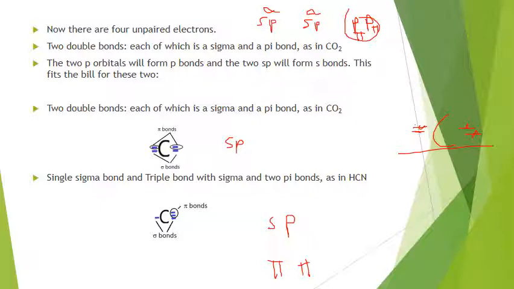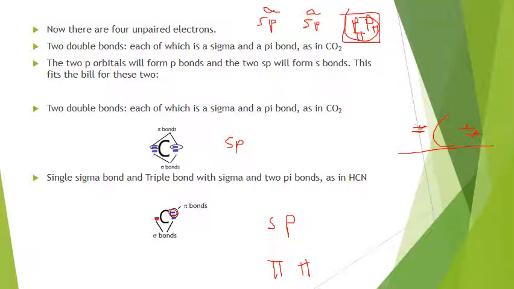Another way it can form, as we saw before, is if you have a carbon that has one single bond and one triple bond. These two are pi bonds, and they come from the p's up here.